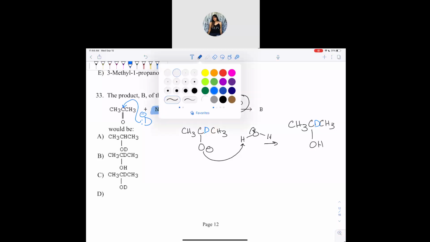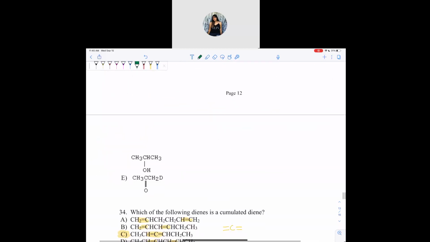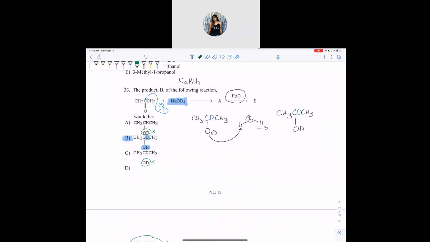So our correct answer is OH with the deuterium. That's B. The reason the others are wrong is because we have an OD, wrong. OD, wrong. Here, we don't have any deuterium, wrong. And here we have, what's going on? What's that mess? I don't know. So the correct answer is B.